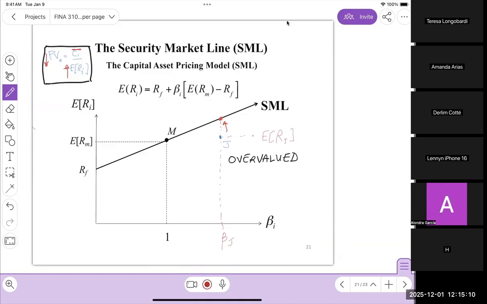And as an overvalued security, it will adjust so that it equates this, what we understand as the relationship in the valuation: the expected return rises, and we end up right at the line. Okay, so the price will drop and the expected return rises. It was initially overvalued.